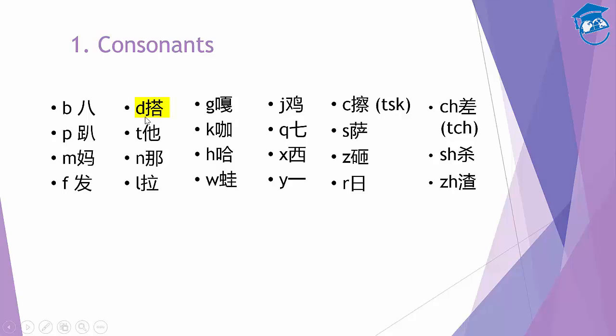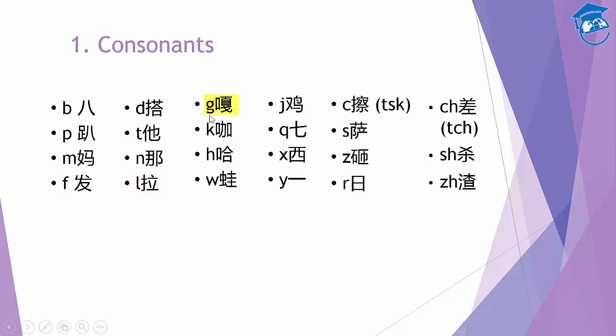This one is the d sound, and combined with a is da. This one is the t sound, so this one is ta. This one is the n sound, the nasal sound, and this one is na. This is the l sound, so this one is la.